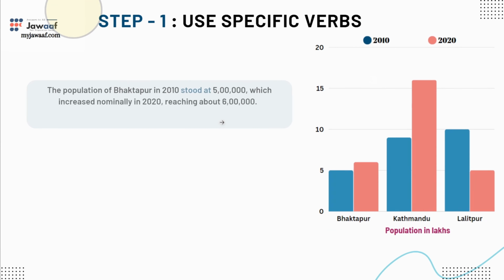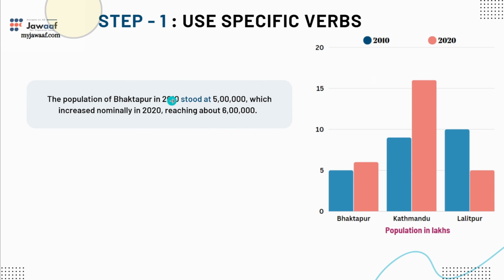Let's get back here. Now I will teach you to use the same verb in another case. Let's see the same sentence in a bit expanded way, in a complex sentence. The population of Bhaktapur in 2010 stood at 5 lakhs, which increased nominally in 2020, reaching about 6 lakhs. Right? I see that most of the students overuse this word reaching about 6 lakhs.